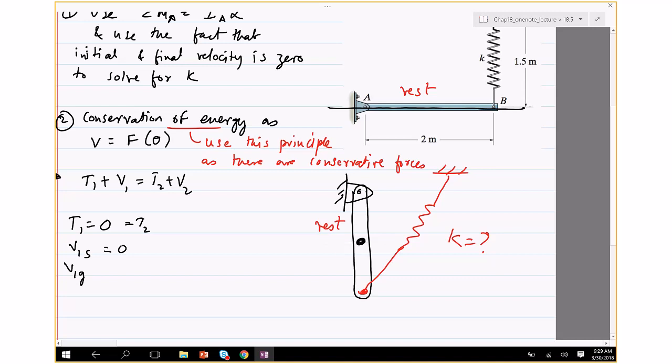So let's choose the datum to be here. This is our datum for gravity. If that's the datum, the potential due to gravity is mg times the distance from the datum, mg times y_G, which is 0 because y_G is right here.